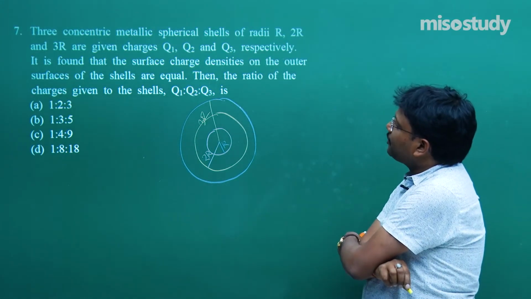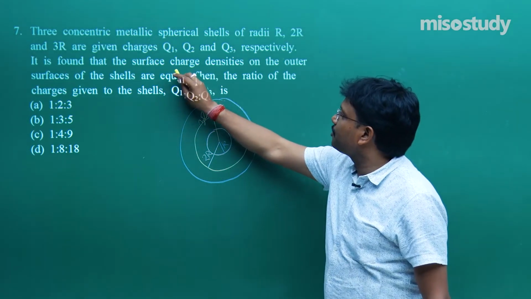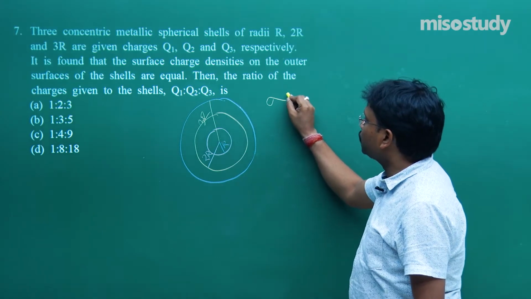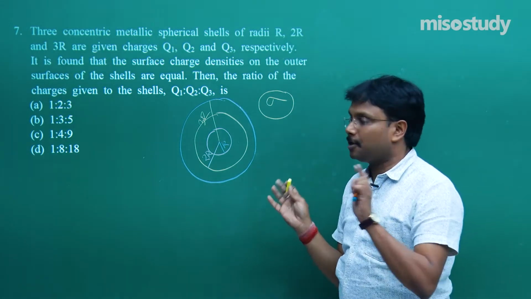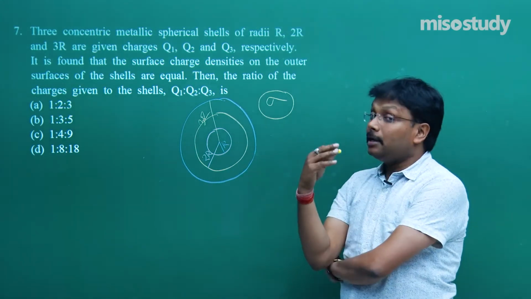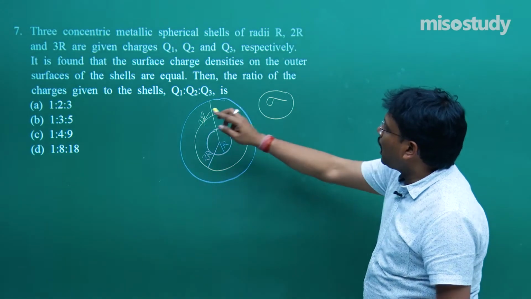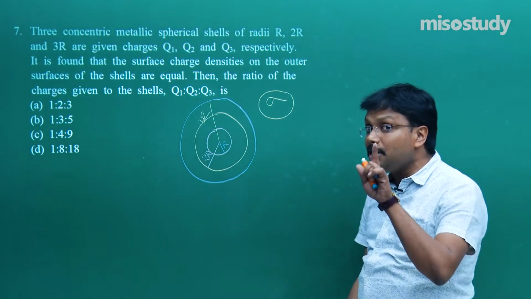It is found that surface charge densities, the moment you hear this term, surface charge densities, then this should come in your mind. Fine, and what is the relation? And that's why I devoted a good amount of time during the regular lectures. On the outer surfaces of the cells are equal, means surface charge density is equal.